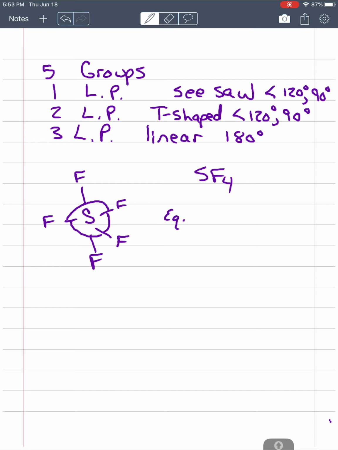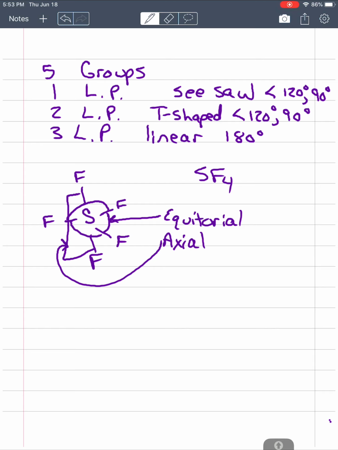Those are called equatorial. Those are equatorial fluorines. And the other two, the one from here to here, are axial. All right. You need to remove one of the equatorial.